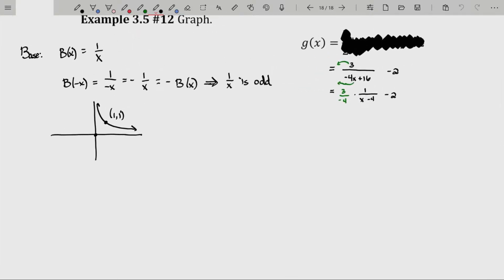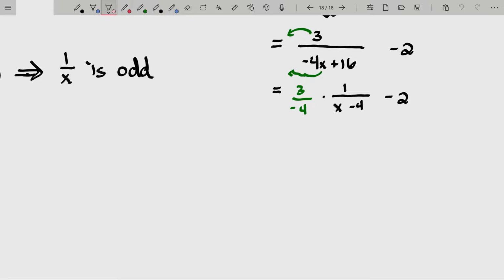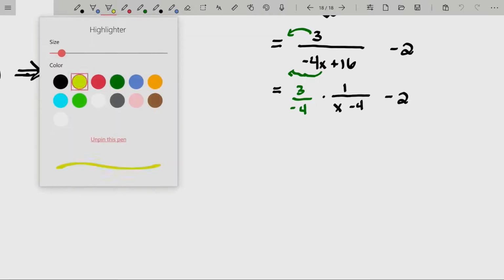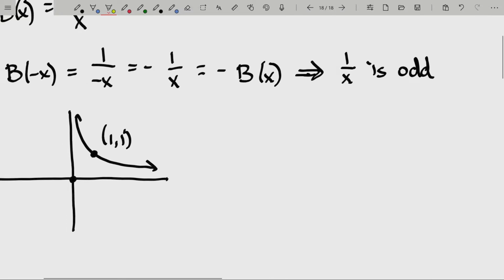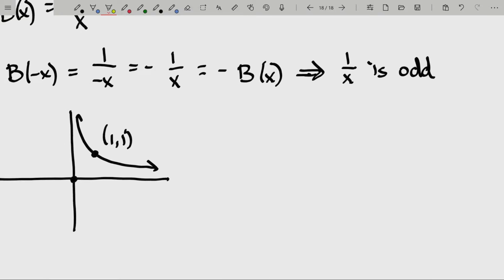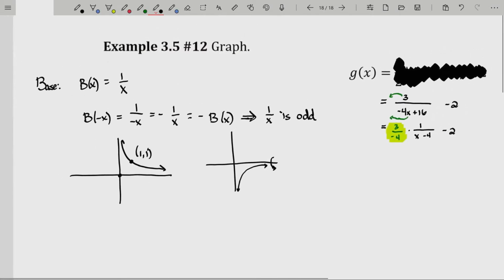So going back here, I'm going to start with a panel just dedicated to this transformation. I will reflect the original function about the x-axis, and then I will shrink the y values by 3/4. So I will do that right here. I know it's going to be a reflection about the x-axis. All I did was flip across this because it's a negative 3/4.